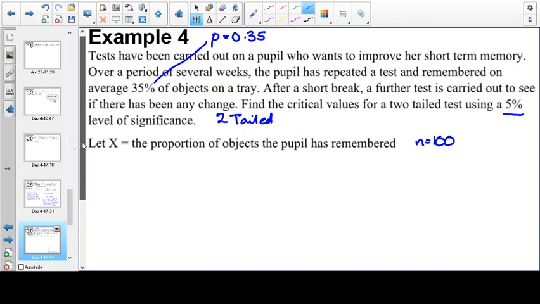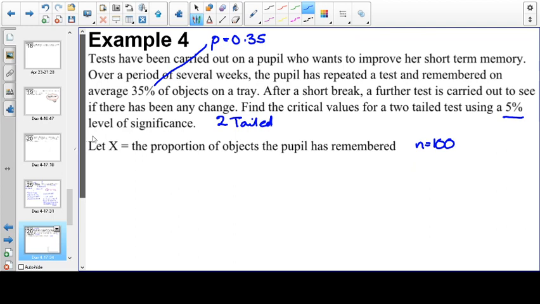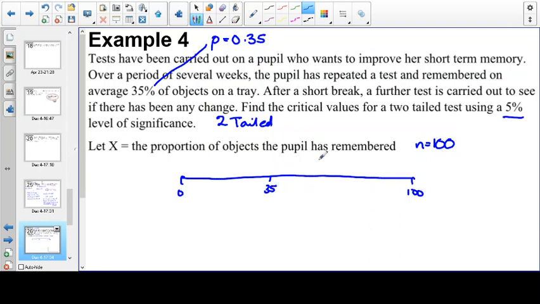Because we don't have a test statistic, we are now going to have to work out two critical values. From 0 to 100, the pupil is getting on average 35 of them correct.